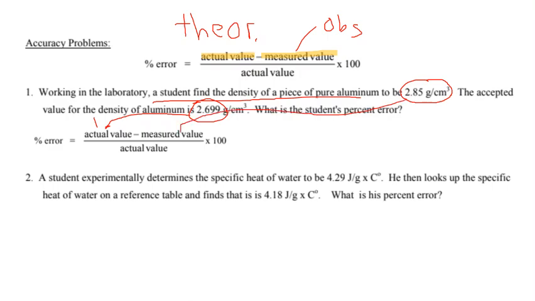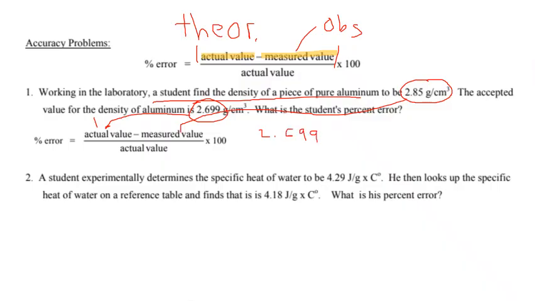Okay, so now something that we didn't put up here, and that is that you're always doing the absolute value. So you're never going to have a negative number. It's simply the absolute difference between actual and measured. So I'm going to put 2.699.